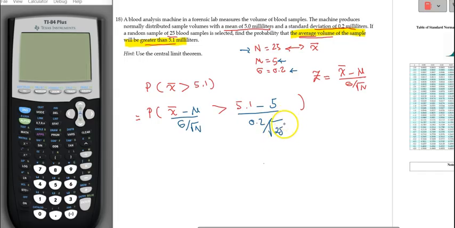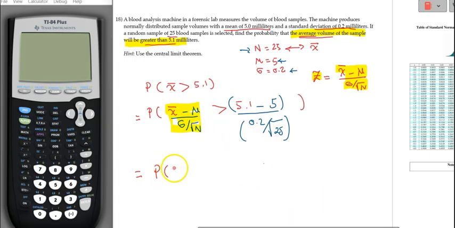For the calculator you might want to use parentheses here and there, right? Since x bar minus the mean divided by sigma over radical n is equal to z, I'm going to substitute all this expression by z.